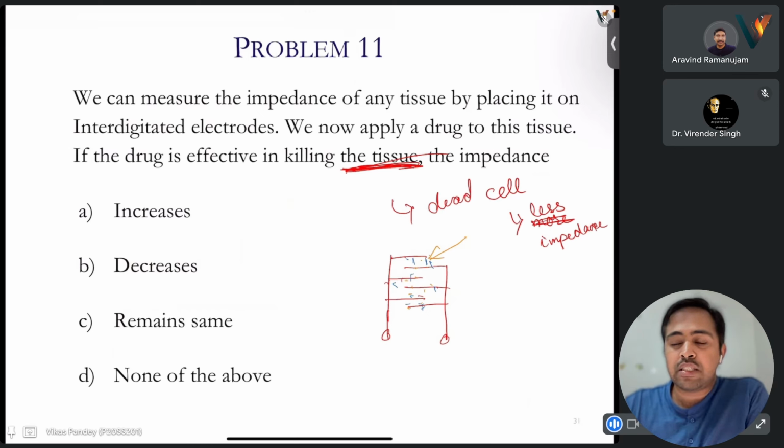Why less impedance? That charge thing is for this bacteria, right? That is a moving bacteria, and since it is held by an antibody, it will have a potential in the charge. But in case of tissue or cell, if it is dead, why is its impedance less? Any idea on this?